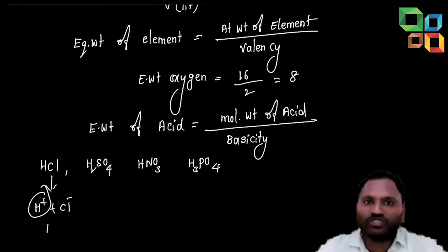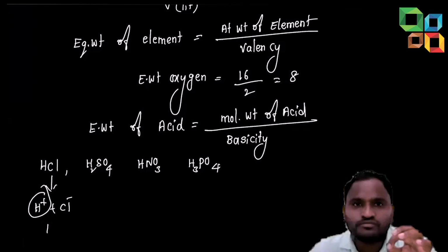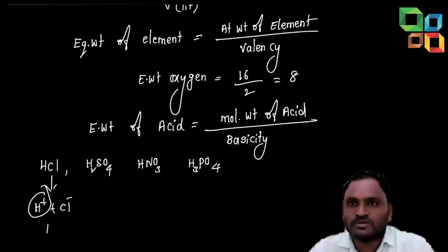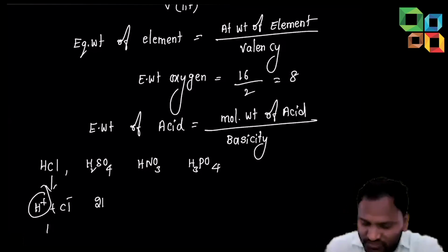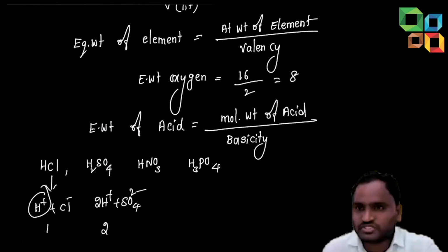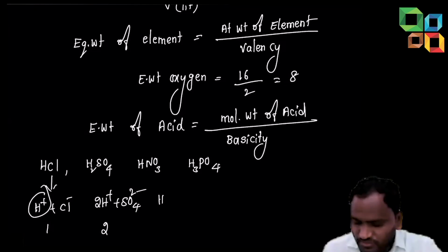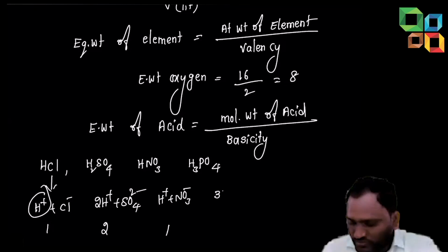The exact definition is the number of replaceable hydrogen ions. Here 2H plus and SO4 2 minus, so basicity is 2. Here H plus and NO3 minus, basicity 1. H3PO4 gives 3H plus and PO4 3 minus, its basicity is 3.